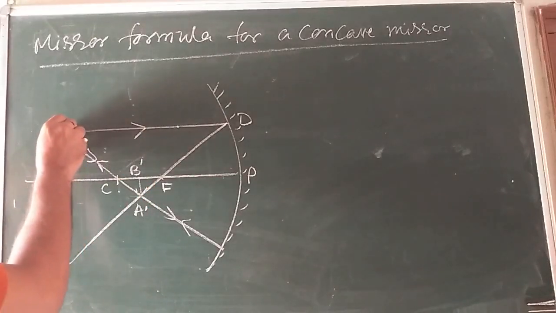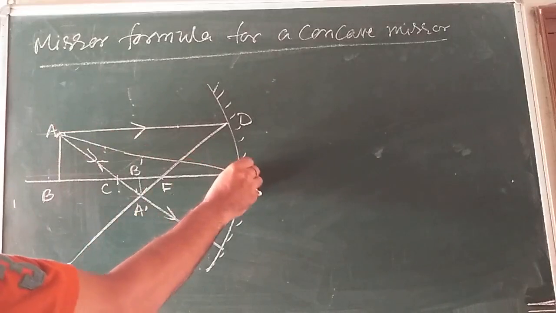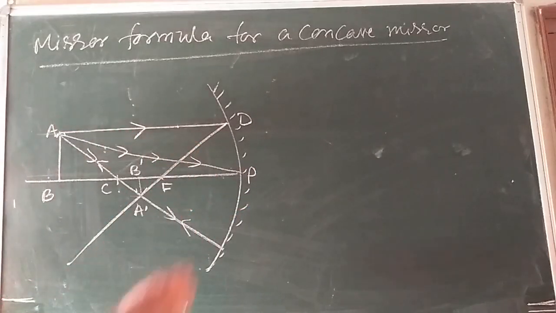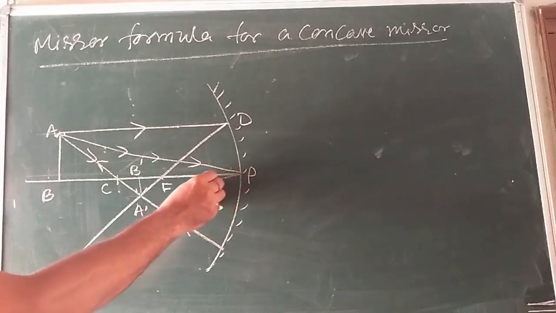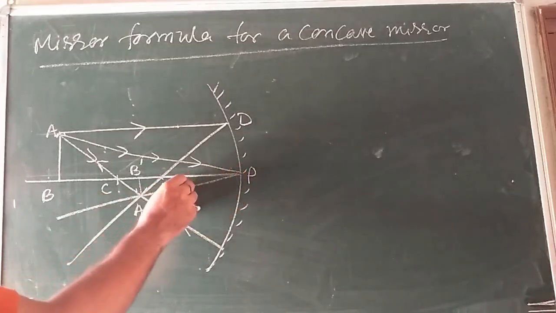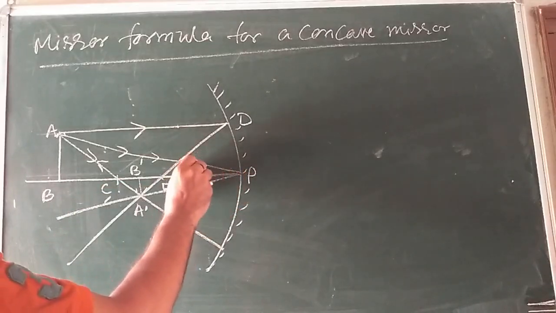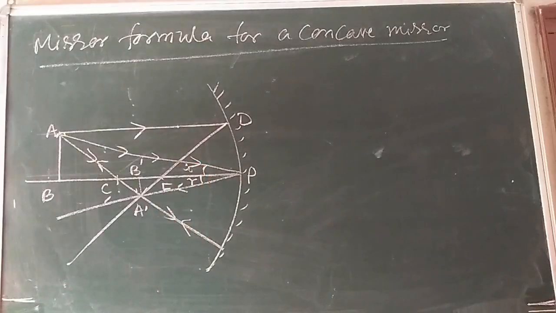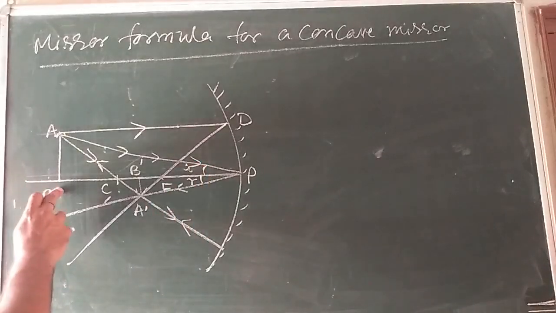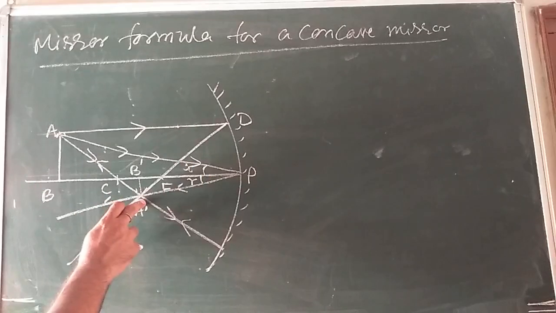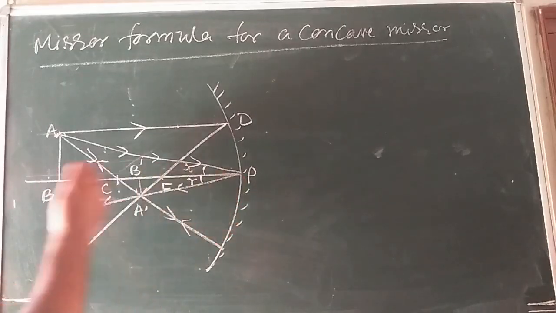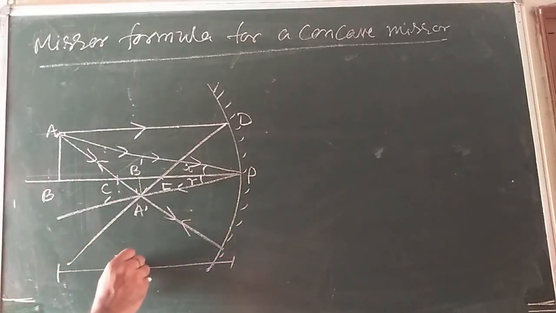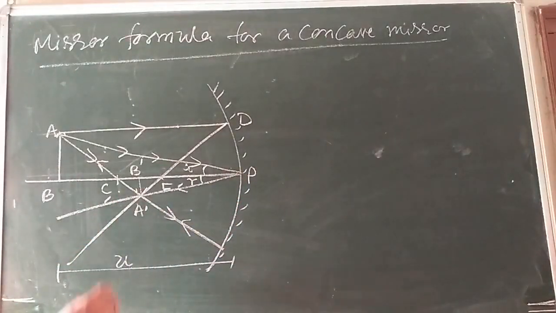One ray is going to the pole. Then just after reflection, it will also pass through like this. This is called angle of incidence and here is called angle of reflection. Here is the object, here we are getting the image. So the distance from the pole to the object is called U. That is negative.